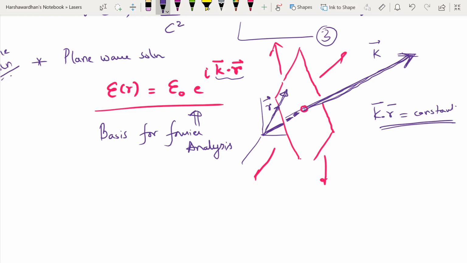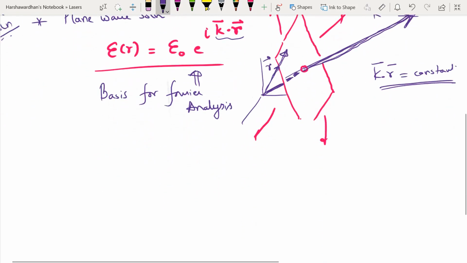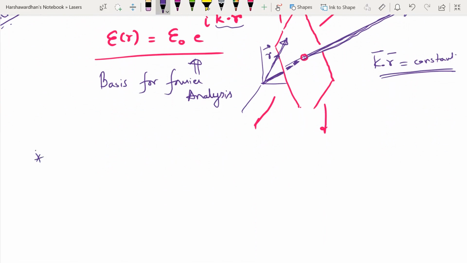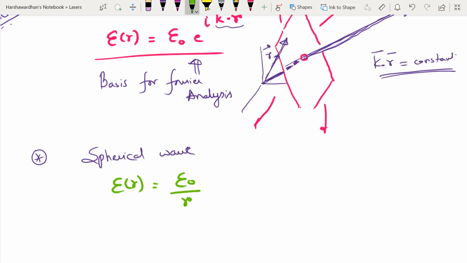The second solution to equation number 3 is again of a similar kind which you are familiar with. This is what is called the spherical wave. That is, E of r for the spherical wave is some E naught by r, exponential i k r. Here k is simply the magnitude of the wave vector k.